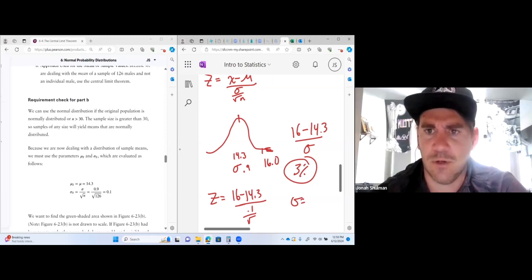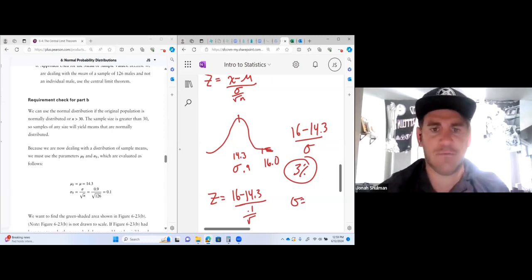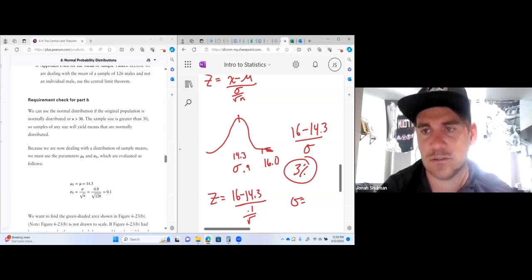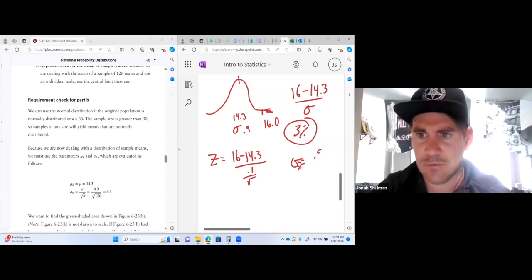This is how they got the 0.1. So in order to use the central limit theorem, we have to use this first. We first have to get our standard deviation in order to do it. So all we have to do, it's nothing too crazy. So our standard deviation to get this 0.1 is going to be our regular standard deviation divided by the square root of n. That's what this is telling us to do.